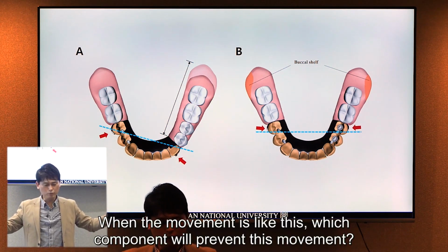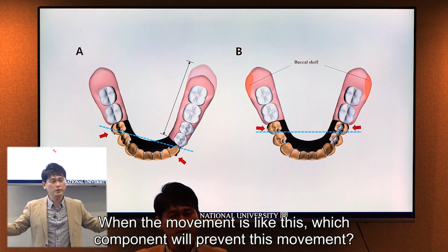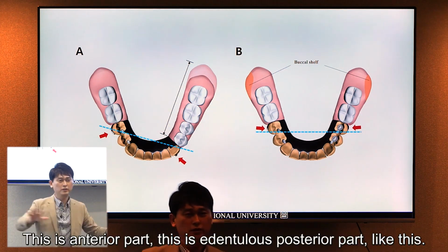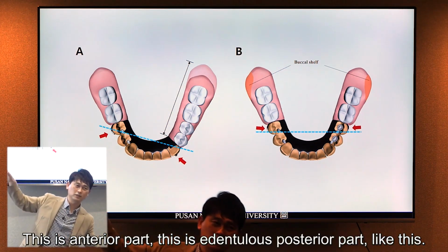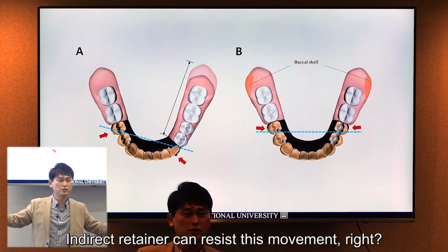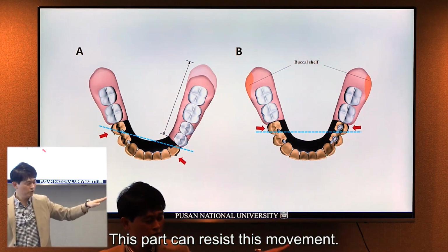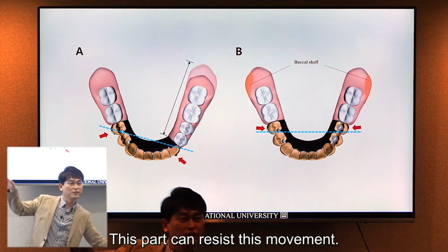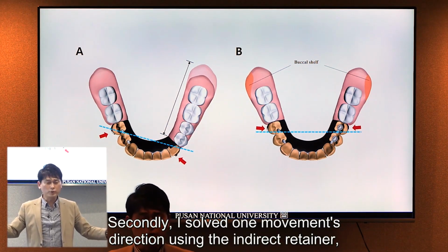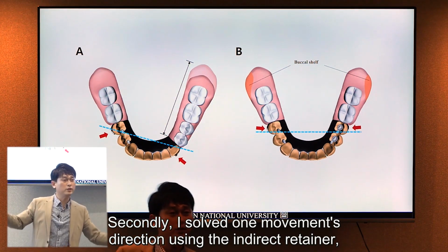When the movement is like this, which component will prevent it? This is the anterior part, this is the edentulous posterior part. The indirect retainer can resist this movement, right? This part can resist the movement. Do you understand? So I solved one direction's movement using the indirect retainer.